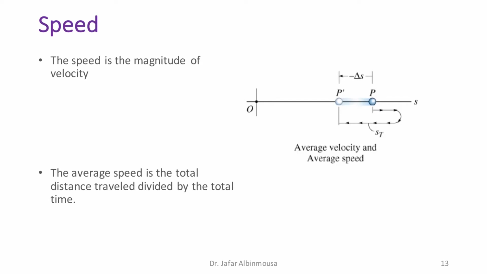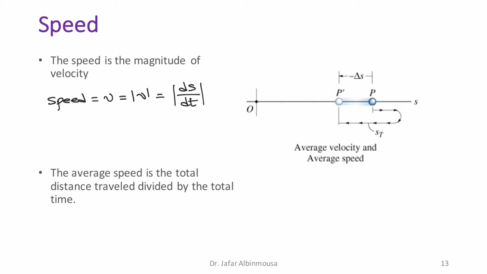Now, the speed is basically the magnitude of the velocity. So it is defined as the velocity, which is written like this, and it is equal to the magnitude of ds over dt.